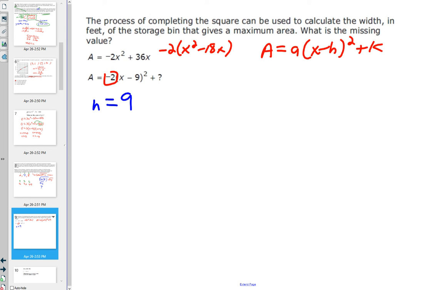Well, I'm gonna have to complete the square. I'm not gonna be able to do it without it. I need a constant. Well, maybe it would work without it.